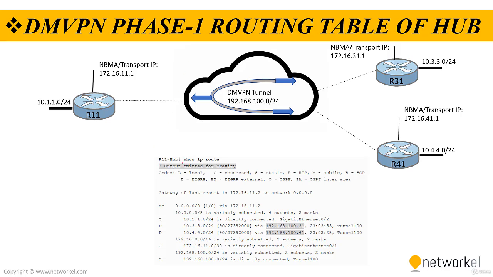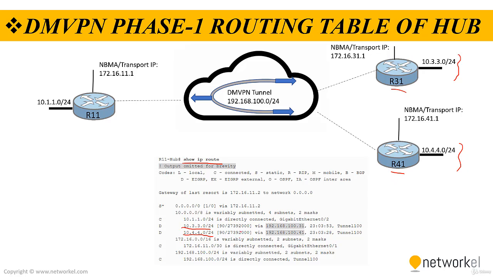So on router 11, which is the hub, when we type the show ip route command, you can see in here we have networks 10.33.0 (10.3.30), which is the local area network segment of router 31, and 10.4.40, which is the local area network segment of router 41.